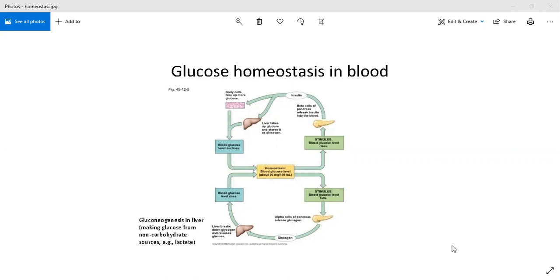It is produced in the heart. Vasopressin is produced in the hypothalamus and stored in the posterior pituitary gland.